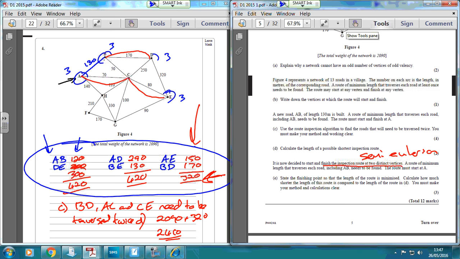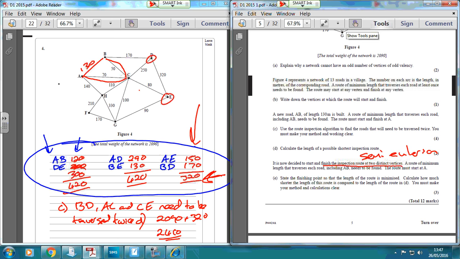So if we keep that one as the route that we need to redo, we can start at D and end at E, which means that the only ones that we need to traverse twice are to get from A to B, which is going to be this one and this one.